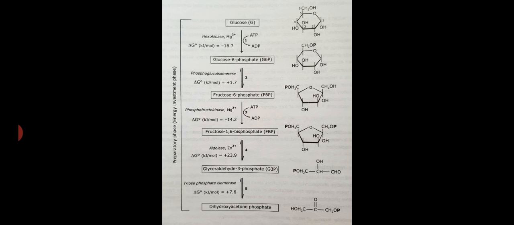In step 1, glucose is phosphorylated by ATP to form glucose 6-phosphate. The negative charge of the phosphate prevents the passage of glucose 6-phosphate through the plasma membrane, thus trapping the glucose within the cell.